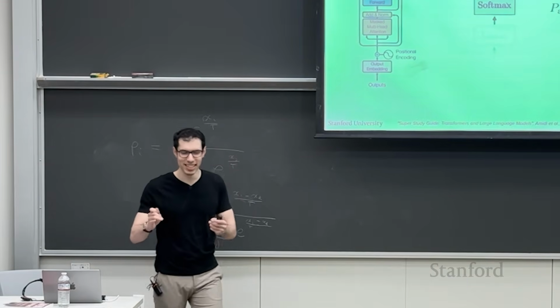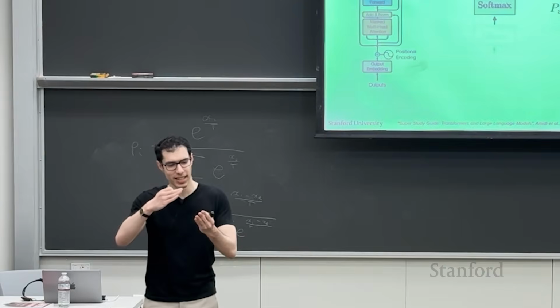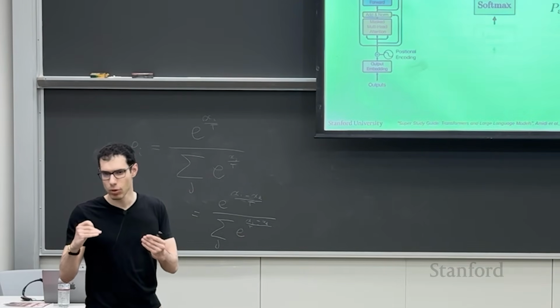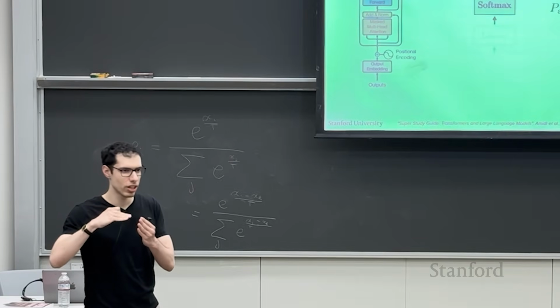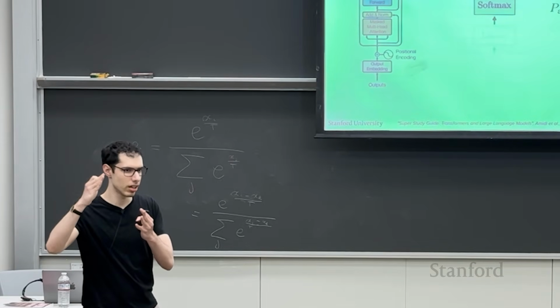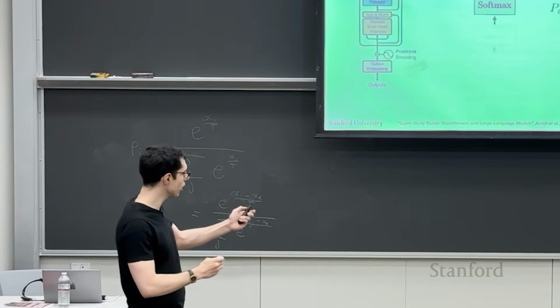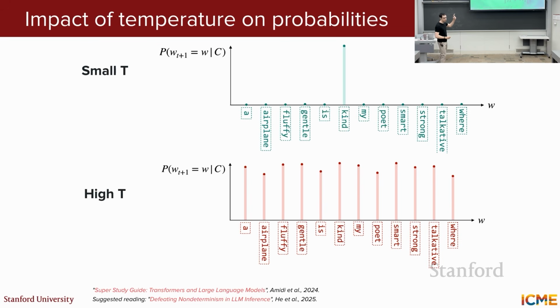So just mathematically, if you factor by exponential of xk over t, where k is the index of the highest value, the highest logit or activation, you can show that for a small temperature, only the index of the highest value will be the most probable, with the spike there.